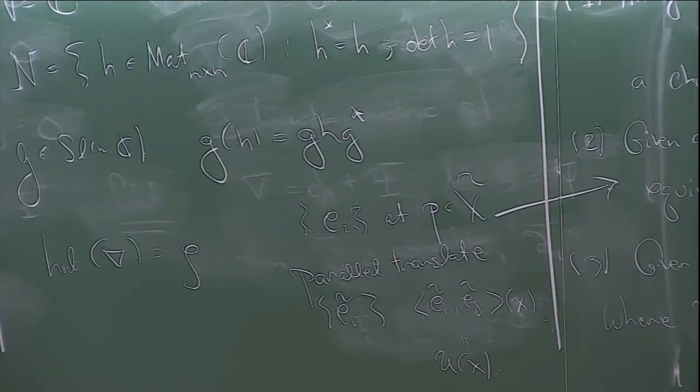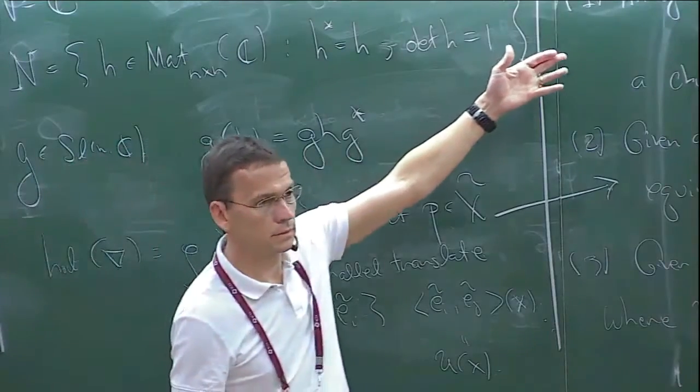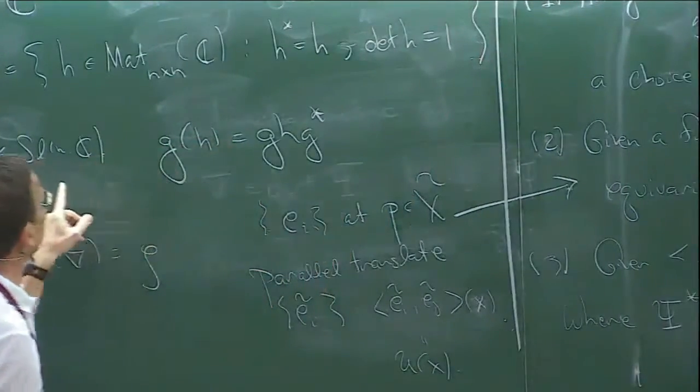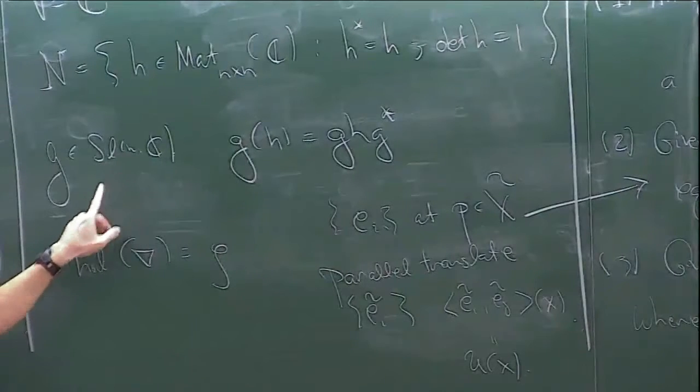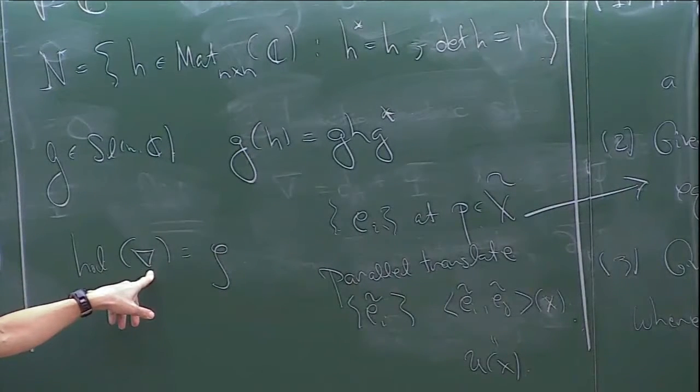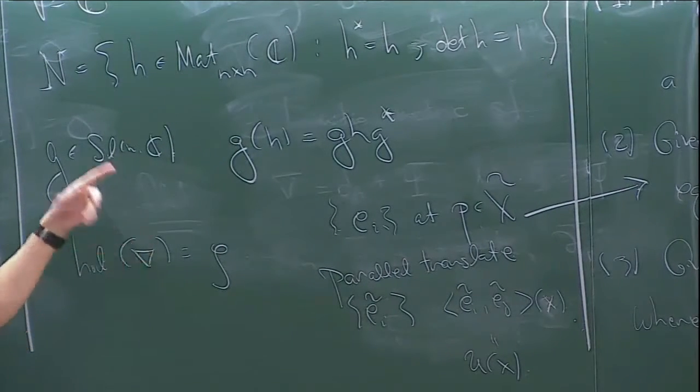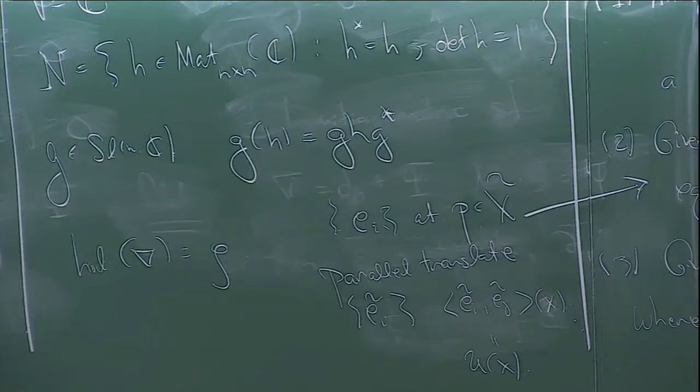So moving the map around by an action of SL(n,C) is the same thing as conjugating the connection by that associated gauge transformation. Let me clarify that again.